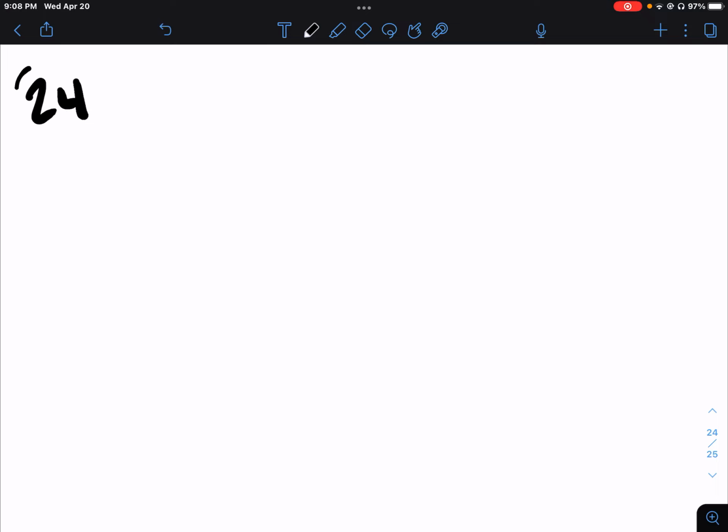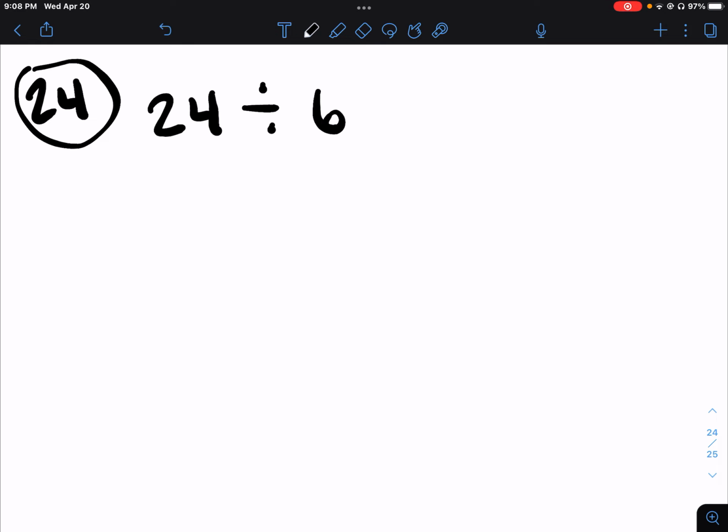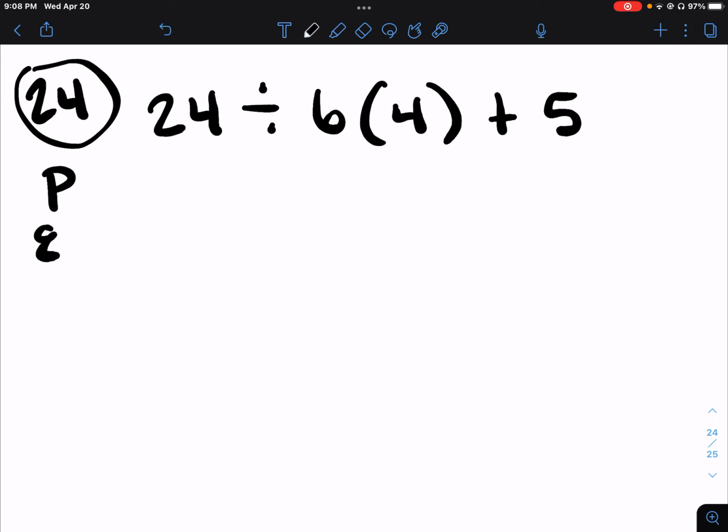Number 24. Okay, we use the order of operations, PEMDAS. Please excuse my dear Aunt Sally. The parentheses means if there's a problem inside. There's not. Okay, so we don't have parentheses. We don't have exponents.